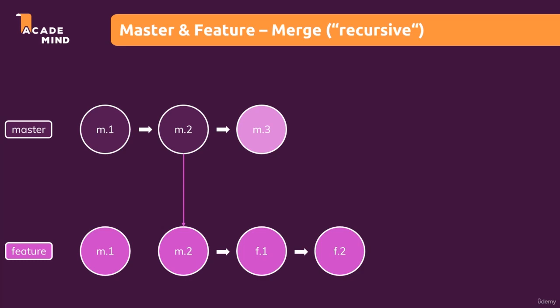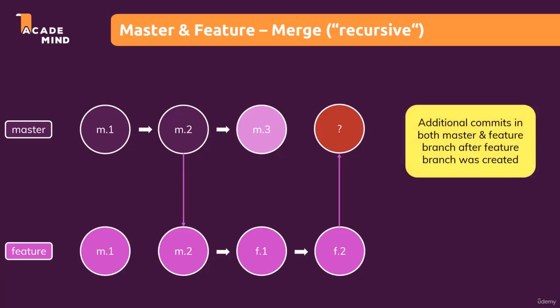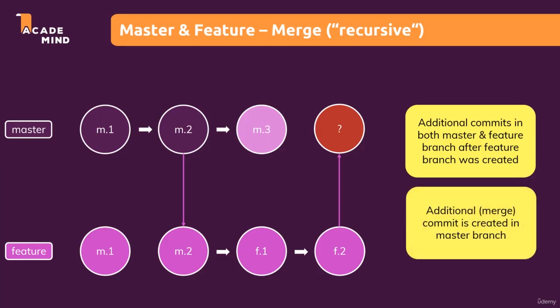So we have kind of a deviation here, and for this, the recursive merge strategy comes into play. In the recursive merge, we have additional commits in both the feature and the master branch after the feature branch was created, and an additional merge commit is then created in the master branch. That's what we just saw with this non-fast forward strategy that we applied.